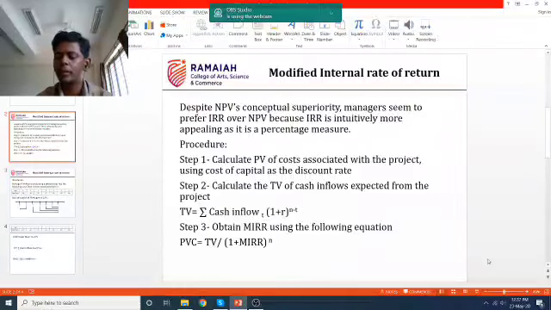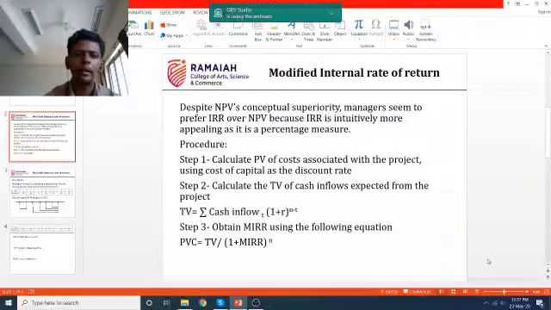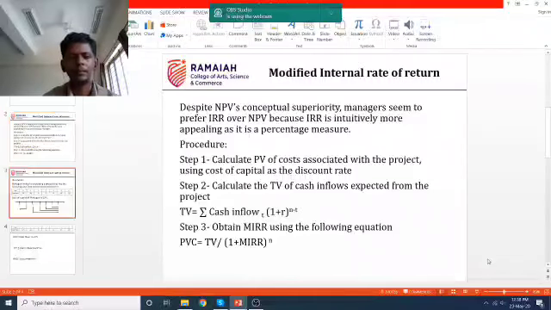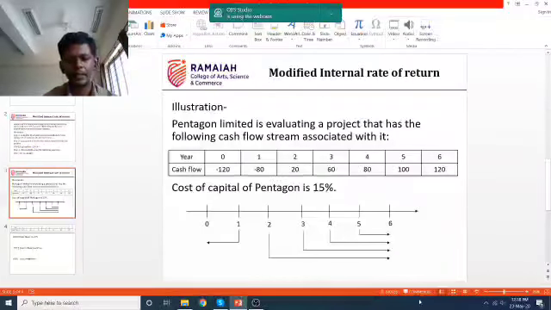For example, if the project goes on for 5 years, compound each and every cash inflow to the end date. The last step is using this formula: present value of cash outlay is equal to terminal value divided by 1 plus MIRR, to the power of the number of years. Whatever you calculated in step 1 and step 2, you use here and calculate the MIRR.